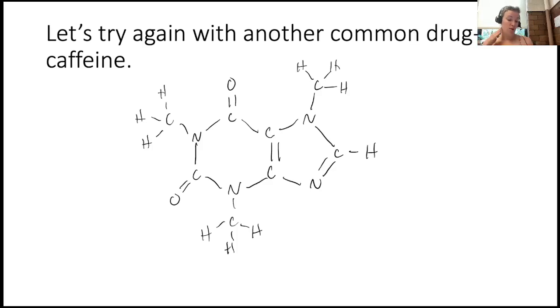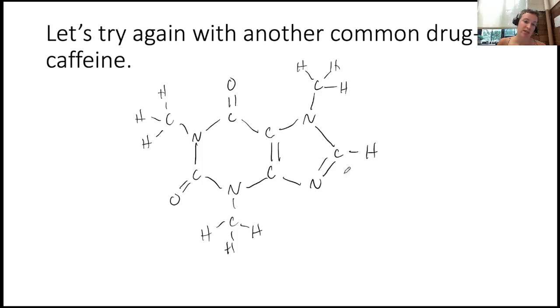Okay, folks, so that's how you draw caffeine. Lots of carbons, lots of nitrogens, lots of oxygens, lots of hydrogens. And you can see that on this image, I've drawn some double bonds as well, which we haven't really talked about in this class, but don't worry too much about that.